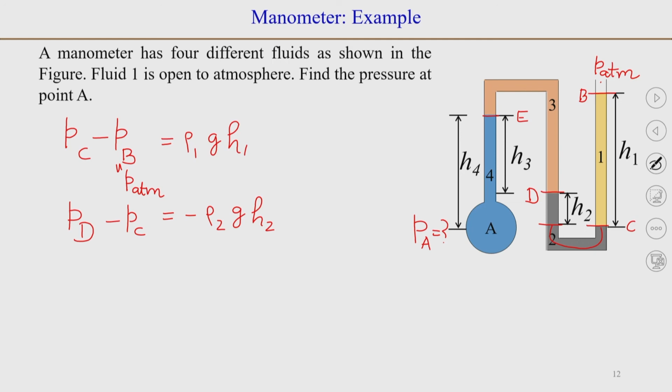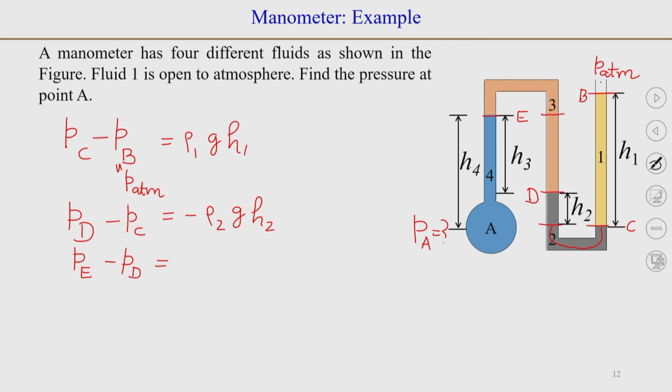Now, we will find the difference between point D and point E. So, we can write P at E minus P at D is equal to, again the point E is higher than point D. So, we know that the pressure in fluid 3 at the two elevations will be the same.